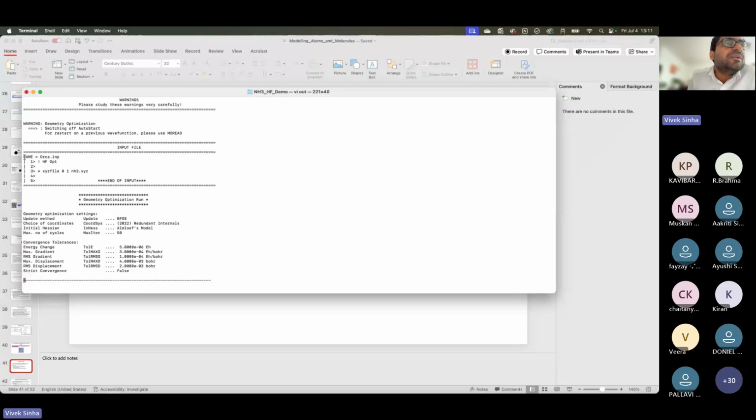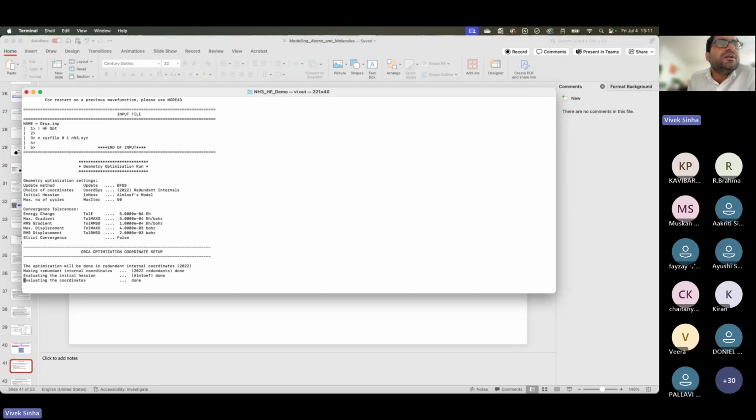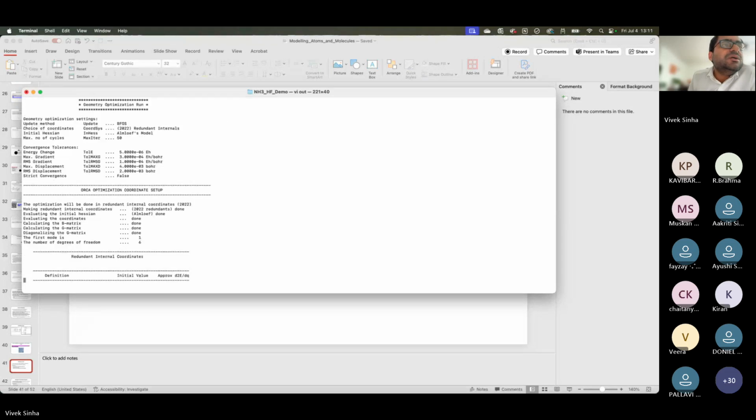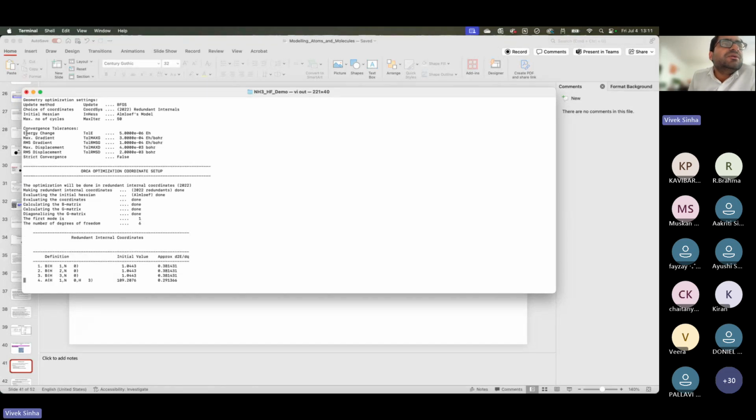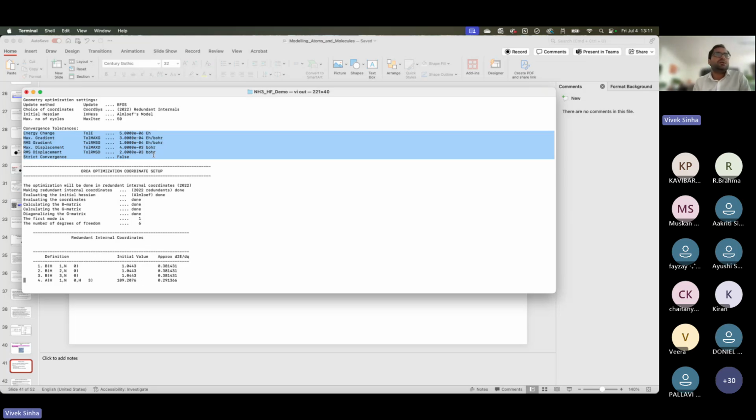Here it places the input file that I provided. It says it's a geometry optimization run. It also places the convergence criteria. This is important because it tells you when the energy will converge and when the overall geometry optimization will be considered to be converged.